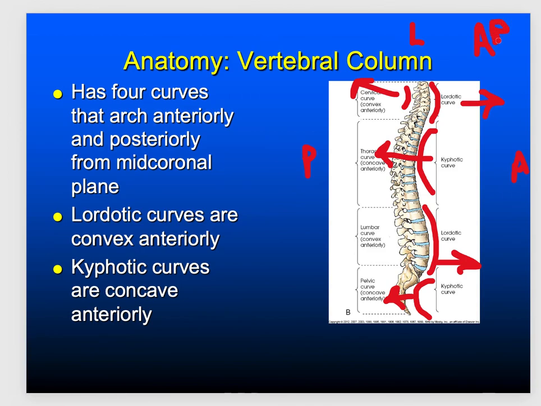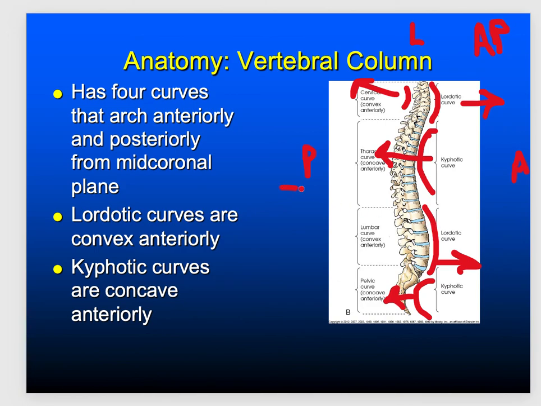So if I'm looking at the patient AP, the cervical is convex, the thoracic is concave, and the lordotic is convex in an AP position. So looking AP at them, keep that in mind.